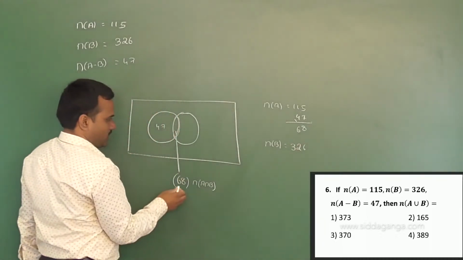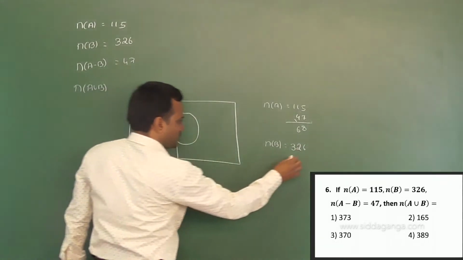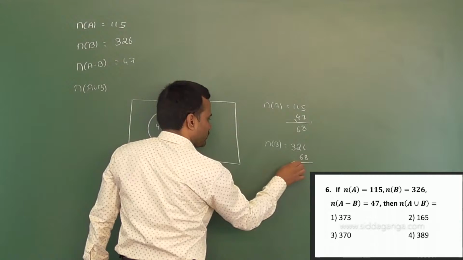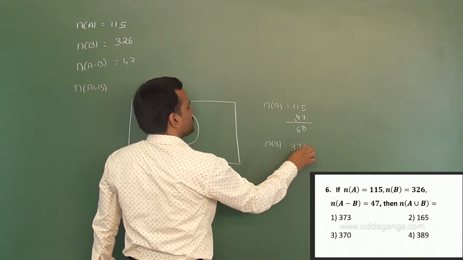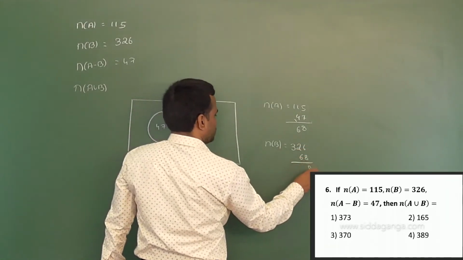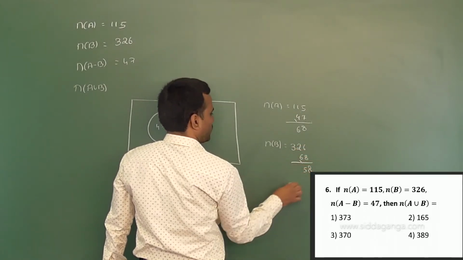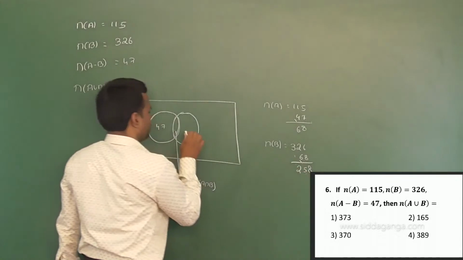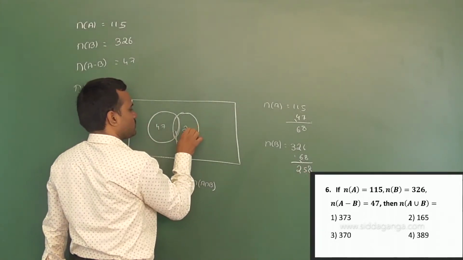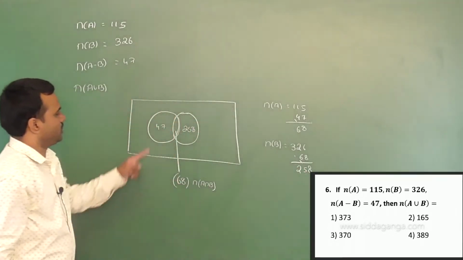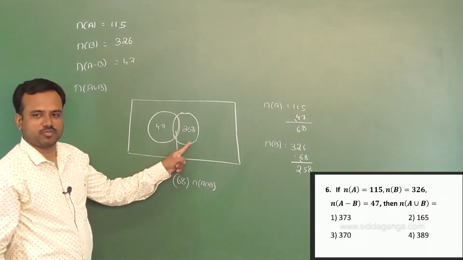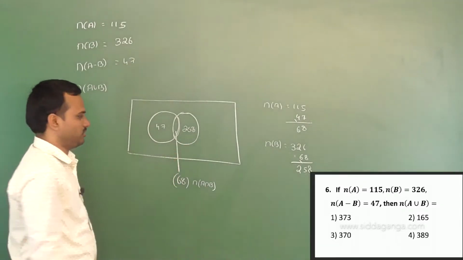n(B) is 326. From that we subtract 68, which gives 258. So we have 47, 68, 258. Add these three, very simple.